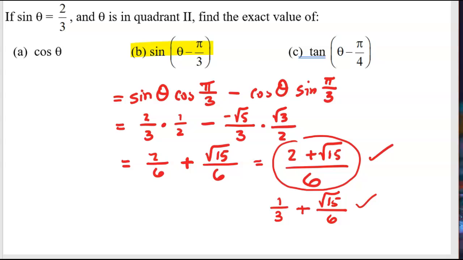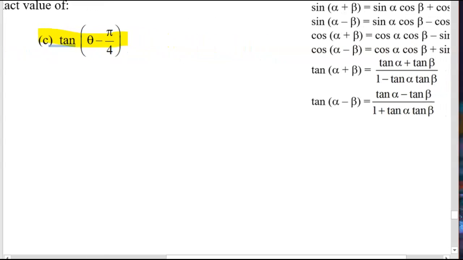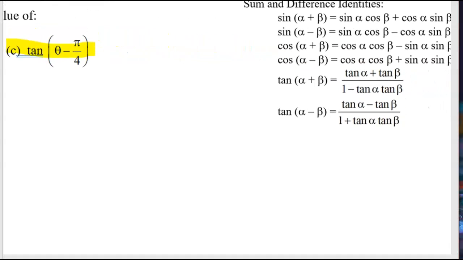That takes us to C, which will have a lot of weirdness with simplifying. All right, so tangent of a difference. That takes us to the difference formulas here.